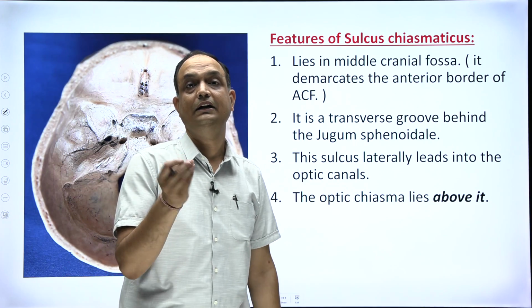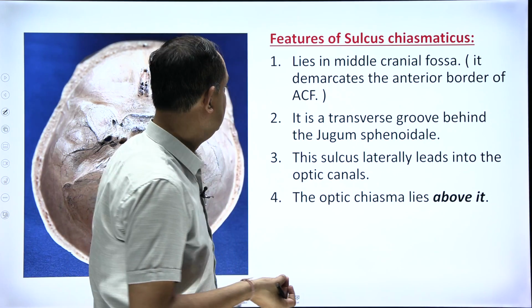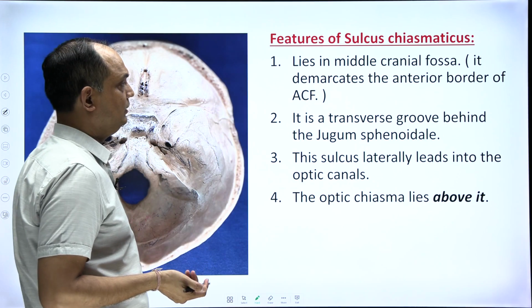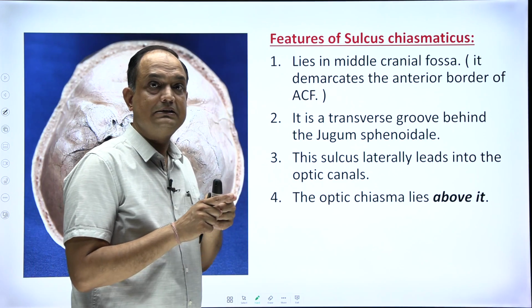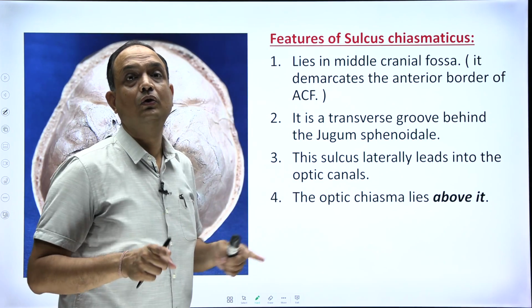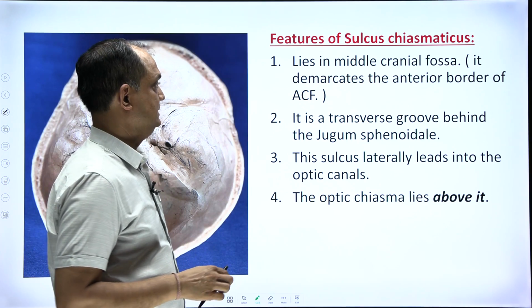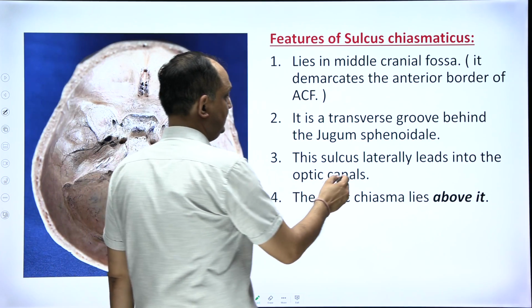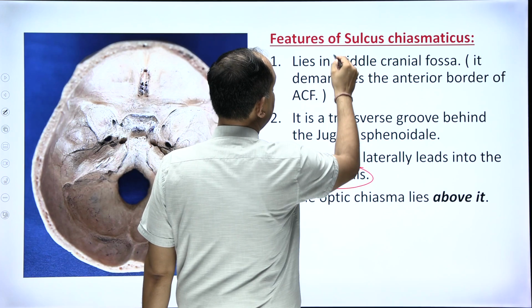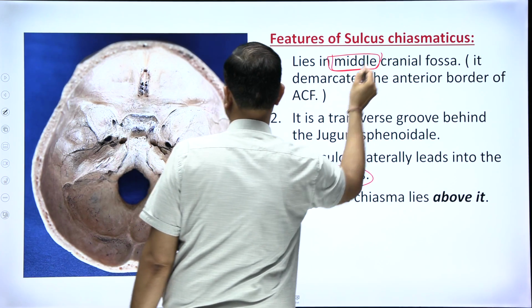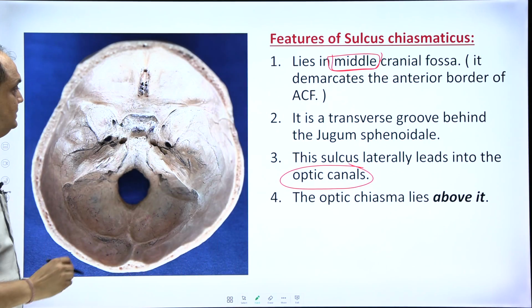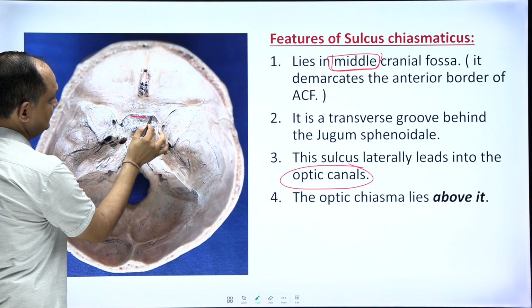Now how to identify the sulcus chiasmaticus? It is easy to identify because sulcus chiasmaticus basically continues on both sides with the optic canals. So where is it present? It is present in the middle cranial fossa, which you can see in this image. This is the sulcus chiasmaticus.